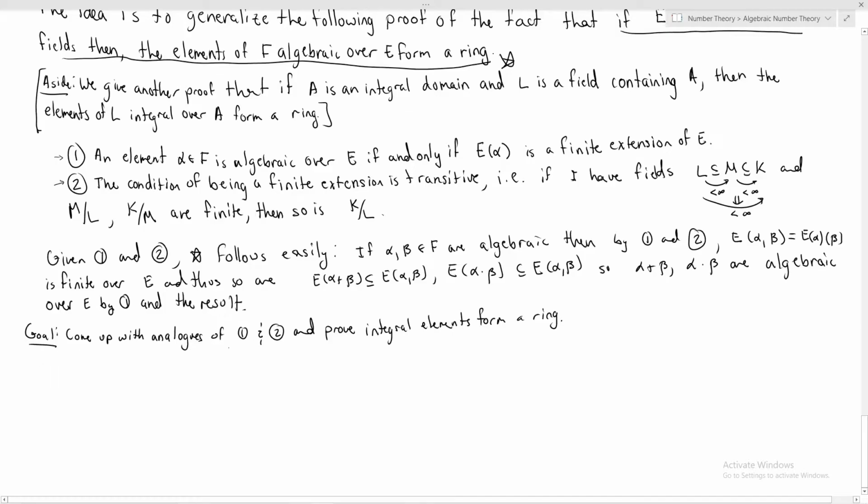First, we're going to come up with an analog of this condition 1, which is essentially a criterion. So what is condition 1 here? It converts the question of being algebraic into a question about this extension E adjoint alpha. So the analogous thing for integral extensions is as follows.